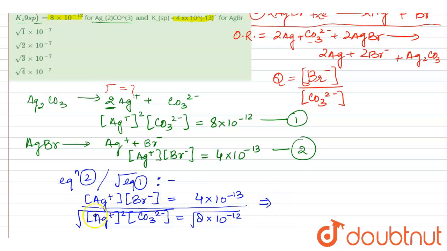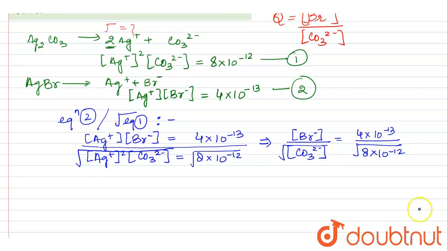As we know, the square root of Ag plus square would come as Ag plus only, and we will cancel this. The final value would come as the concentration of Br minus divided by the square root of the concentration of CO3 2 minus. This would come as 4 into 10 to the power minus 13 divided by the square root of 8 into 10 to the power minus 12.